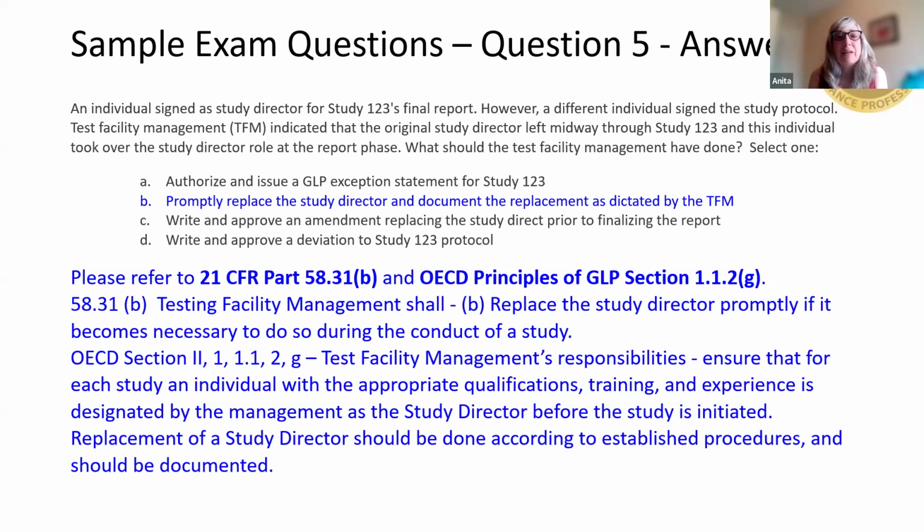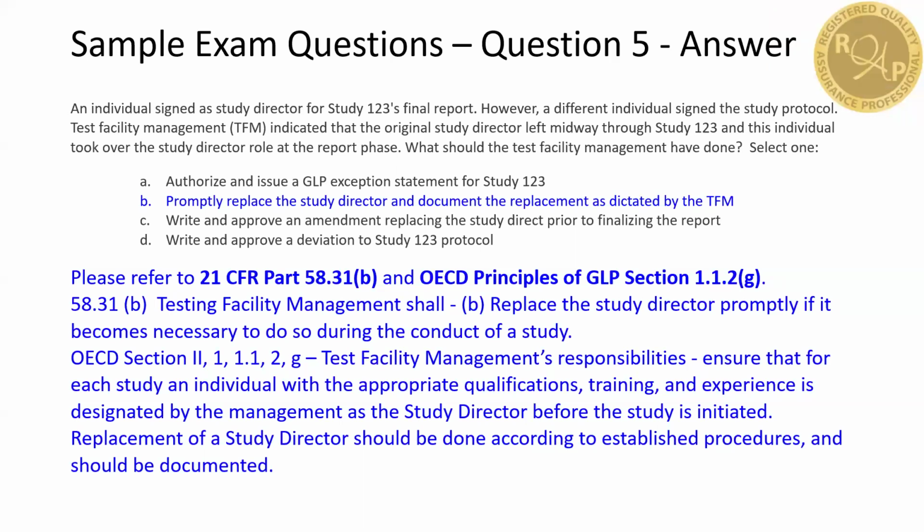We were talking about how there's nothing that says the study director has to be changed via an amendment. That's my opinion, but that's just an opinion. That's where I come from. But yes, go ahead. I'm sorry.